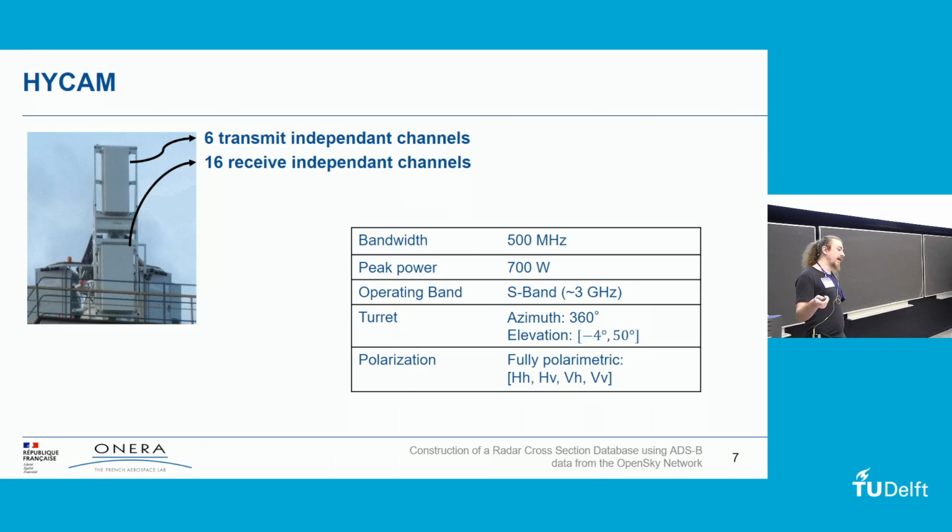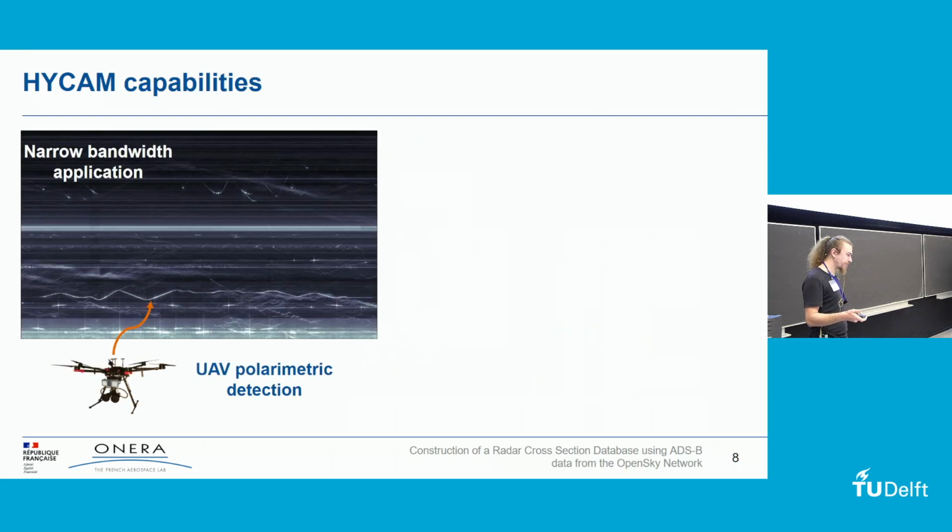It's operating in S-band, usual band for aircraft surveillance, so around 3 gigahertz. It's mounted on a turret that can rotate 360 degrees around, elevate up to 50 degrees, and it's fully parametric, which can be useful for scientific applications. It has many capabilities, so it has been used in my PhD thesis on the detection of UAVs.